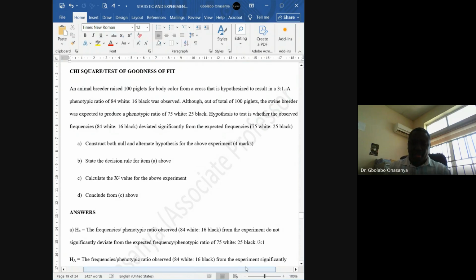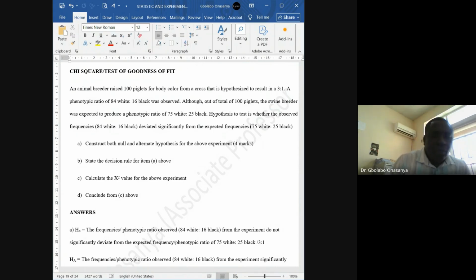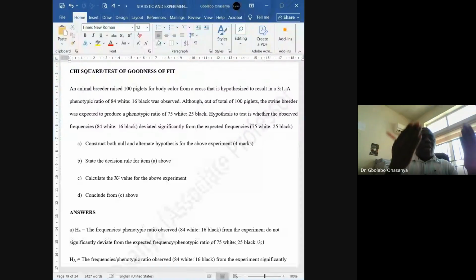With monohybrid crossing in pigs, we are expected to see 75 white and 25 black, but we observed 84 white and 16 black.